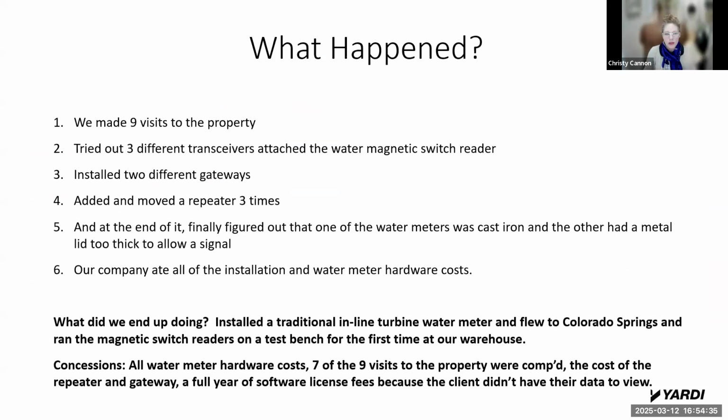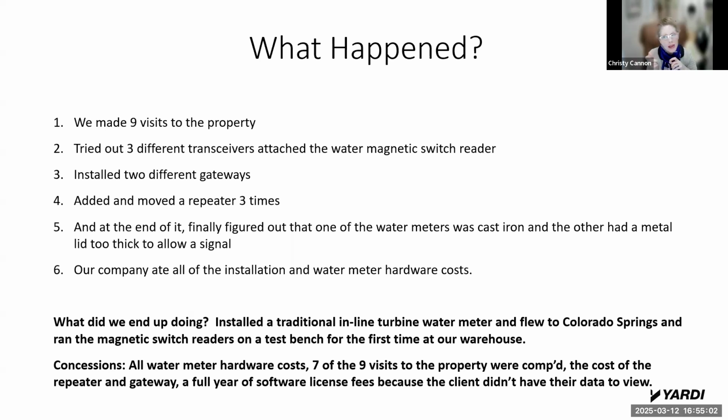So here's what happened. When I say we, I mean our engineers made 9 visits out to that property, and thank goodness this particular site was unoccupied. We ended up trying 3 different transceivers, thinking maybe the initial transceiver that we used was not strong enough to get the signal, so we switched to a more expensive one.